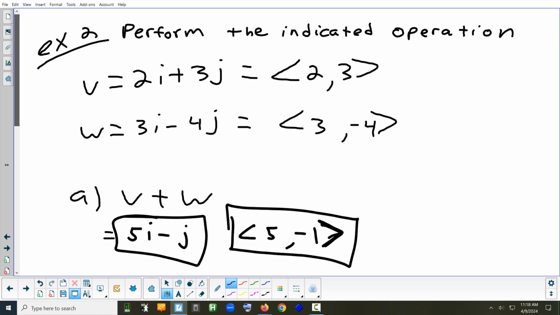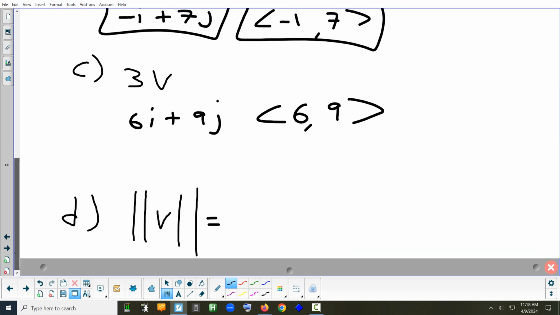I thought we were doing the Pythagorean theorem. So say it again. Are we doing the Pythagorean theorem one? Yeah, for vector v. Yep. So wouldn't it be 6 squared plus 9 squared?